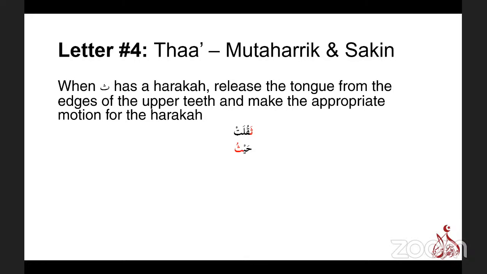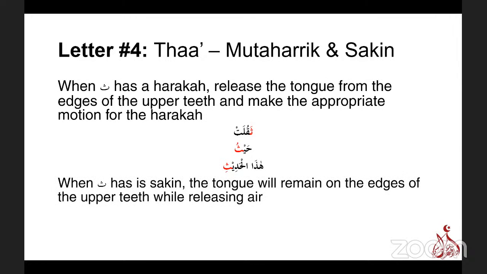You put your tongue at the edges of the upper teeth, and when you let it go with the air, you take your lips and make them round. So it'll be thu, haythu, haythu. Next is a kasra. Same thing when you lower your jaw. هذا الحديث هذا الحديث. So thi. So that was when it's mutaharrik.